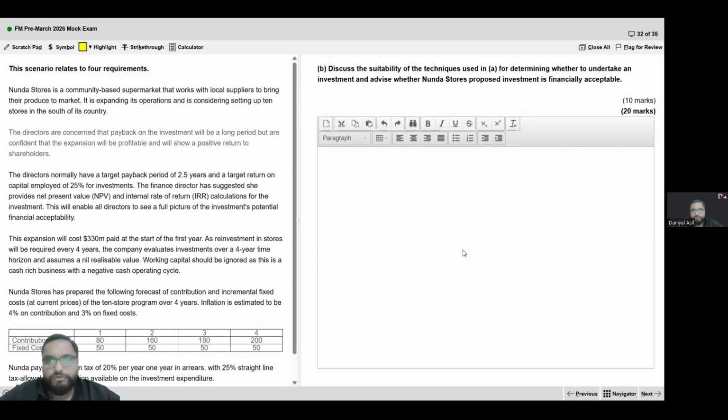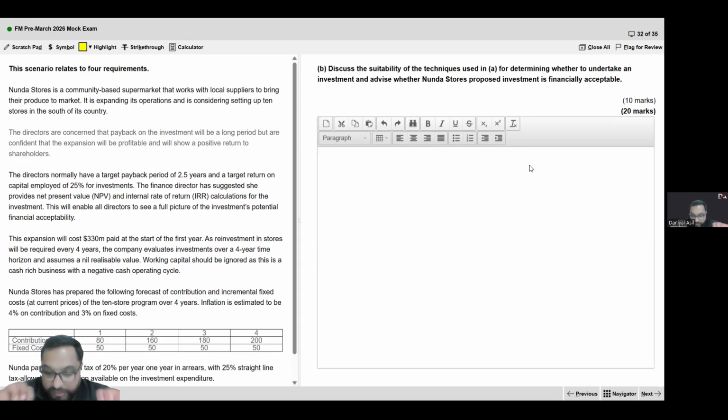For part 2, that is discuss the suitability of the techniques used in part A. You're going to write the benefits, which is the advantages and disadvantages of all the techniques that were used in part A, that is NPV, IRR, payback, and ROS. Now we all know that NPV is the most sound method.